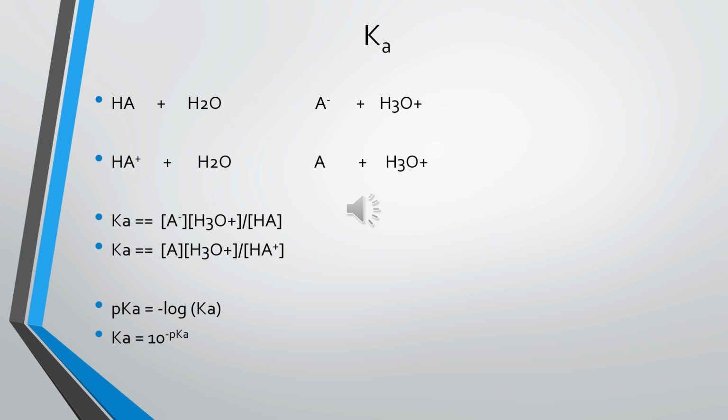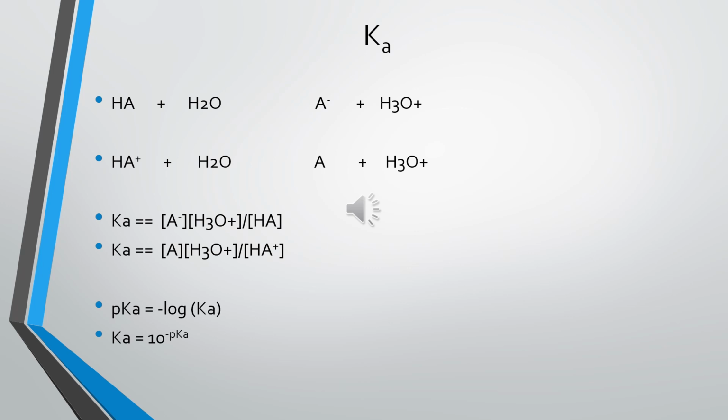All right. And so again, the definition of Ka, right, the mass action expression for Ka is given by the stoichiometry of the reaction, and that's simply the product concentrations A minus times hydronium divided by HA. Or for an acid that is of the form HA plus, it's A times H3O plus over HA plus.